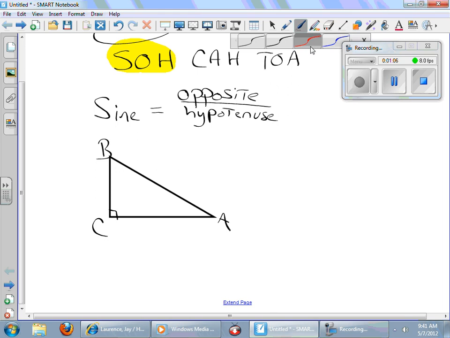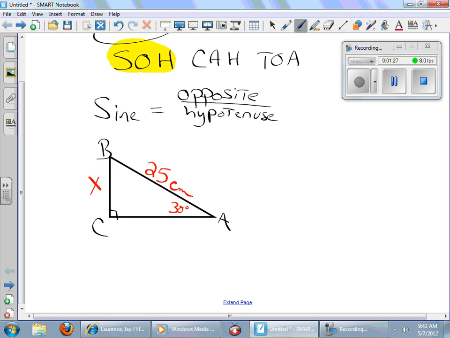For example, if I wanted to know the measure of side X, and I knew that the hypotenuse was 25 centimeters, and I also knew that the measure of angle A was 30 degrees, I can figure out the measure of X.